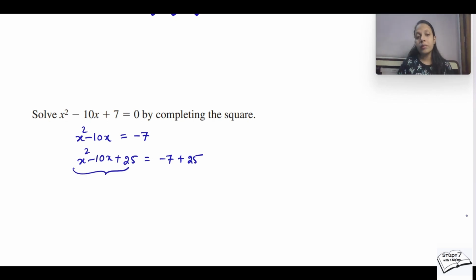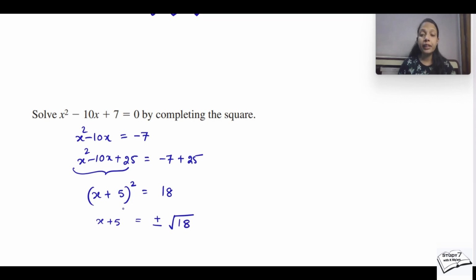This forms x plus 5 whole square, and when you solve this, you will get 18. Now remove the square. If I remove it, I will get a positive and a negative square root of 18.